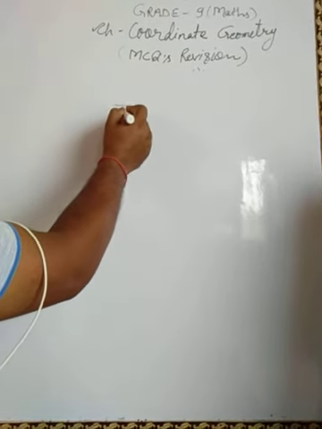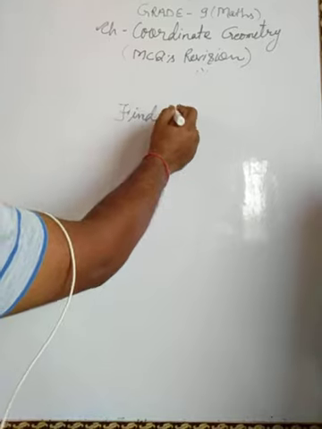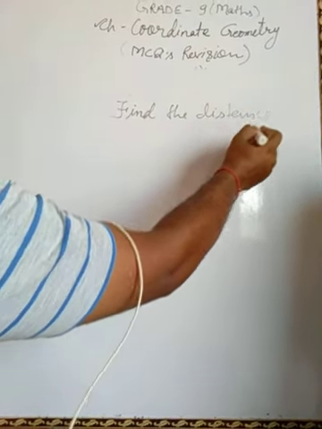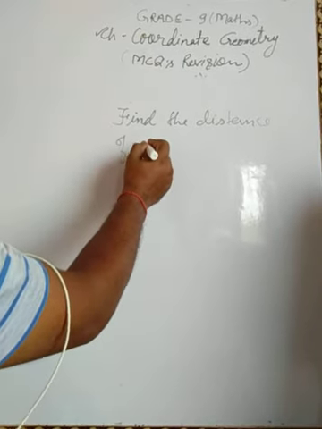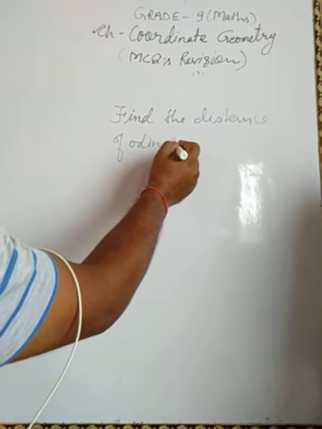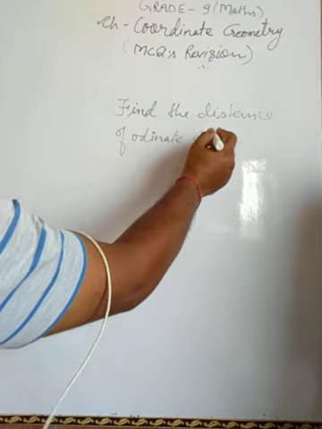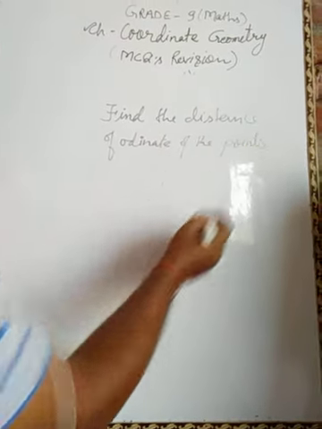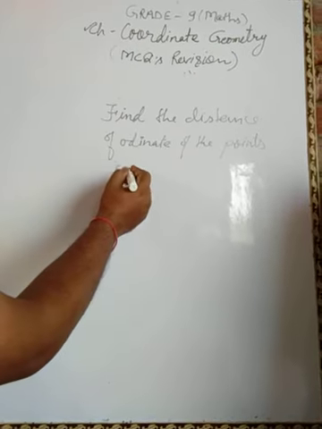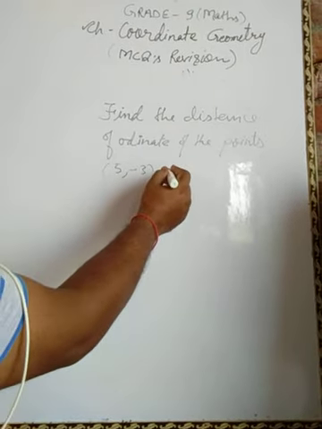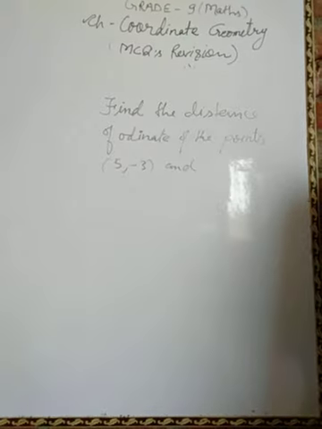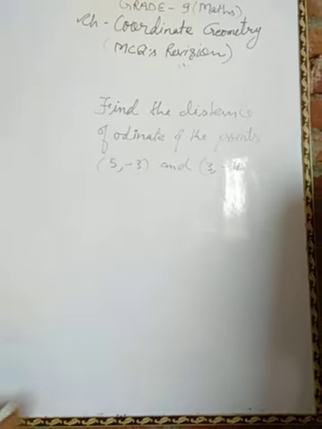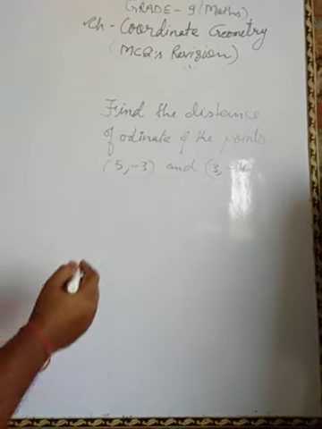Find the distance of ordinate of the points 5 comma minus 3 and 3 comma minus 4. It is very clear.